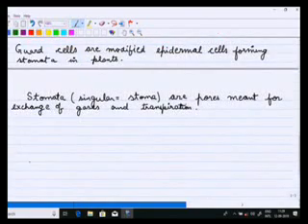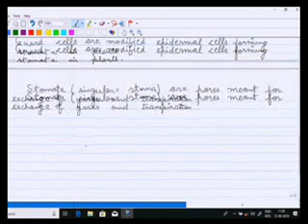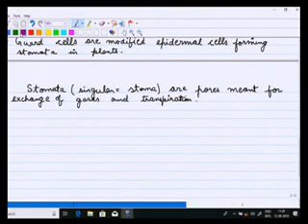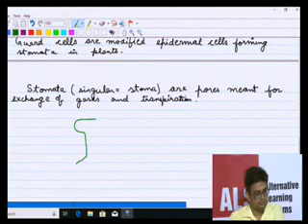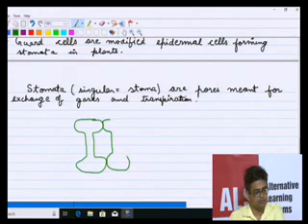Stomata is lens shaped in dicots, and there is another kind of stomata which is dumbbell shaped like this. Dumbbell shaped stomata, and this is the stomata which is found in the case of monocot grasses.